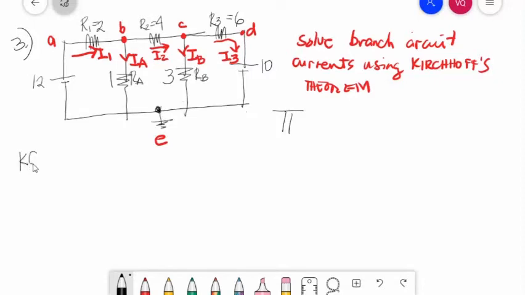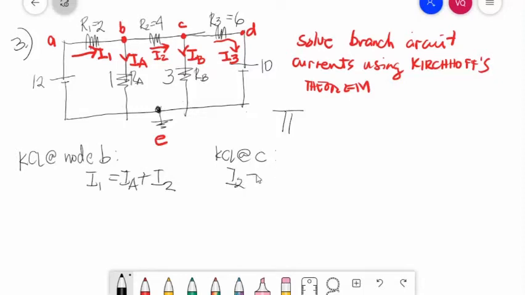So KCL at node B: I1 is equal to IA plus I2. KCL at node C: I2 is equal to IB plus I3.